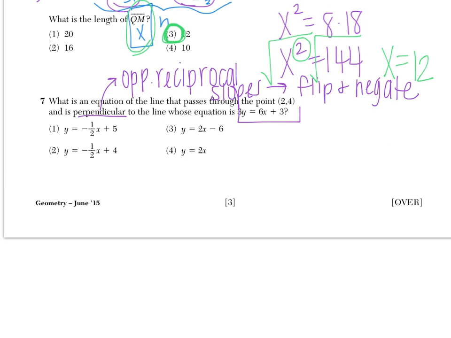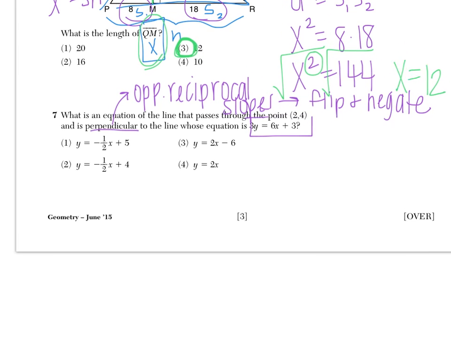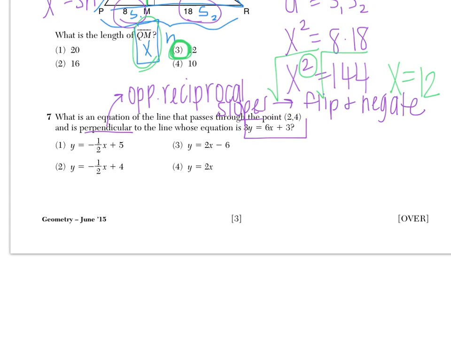Now, we do need to get this equation into y equals before we can determine what the slope is. So I'm going to take a second to get this equation into y equals. So I'm going to first divide each and every single piece by 3. So now we have y equals 2x plus 1.